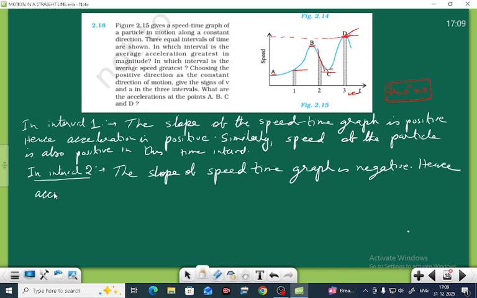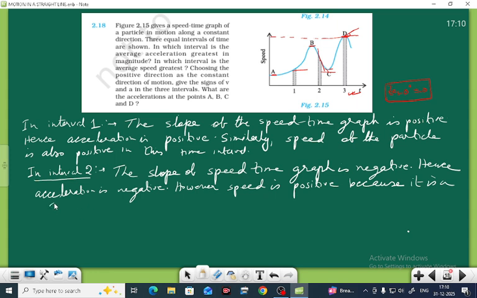However, speed is positive, because it is a scalar quantity.